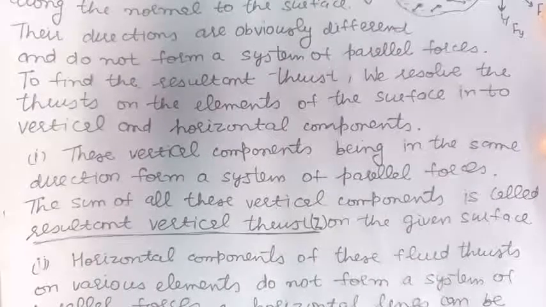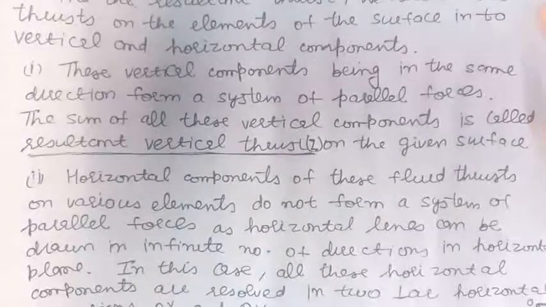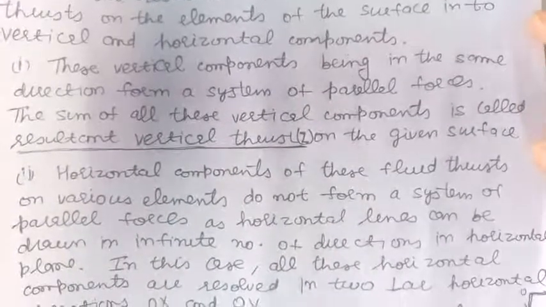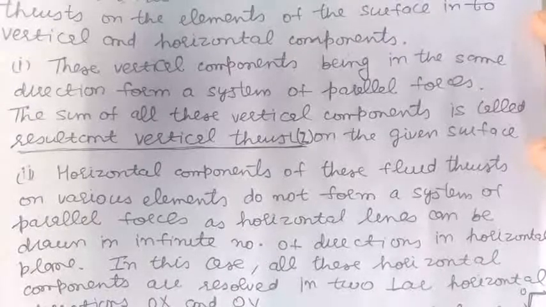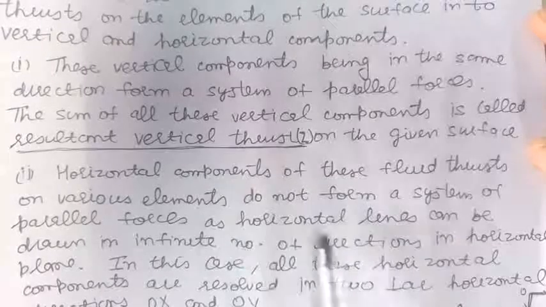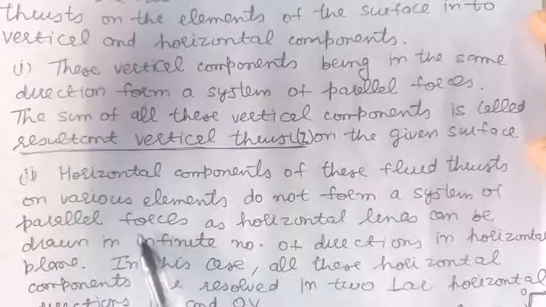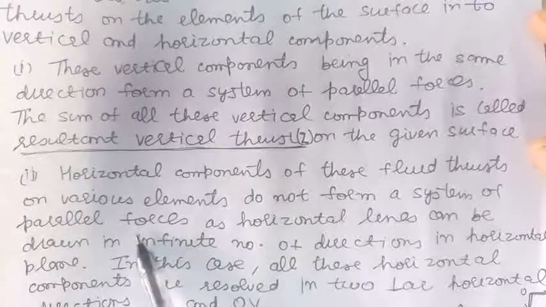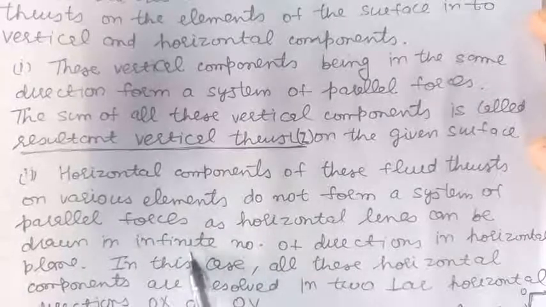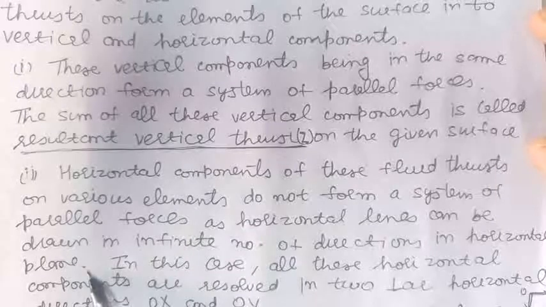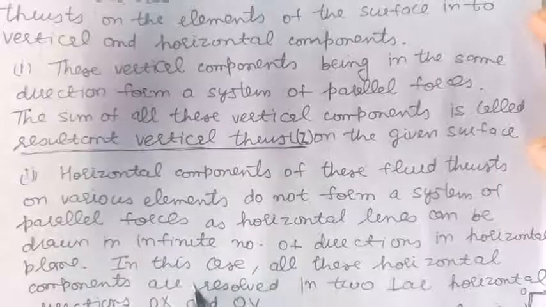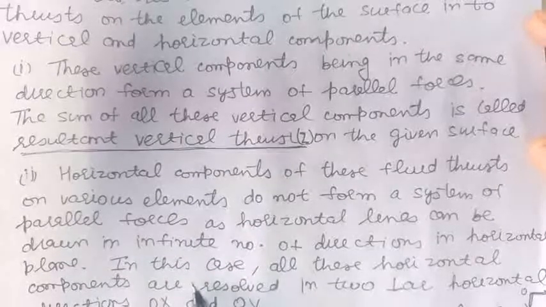Now, in case of horizontal components of these thrusts on the various elements, they do not form a system of parallel forces, because horizontal lines can be drawn in an infinite number of directions in a horizontal plane. So how to find the resultant thrust in this case?